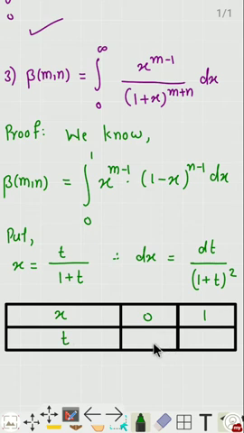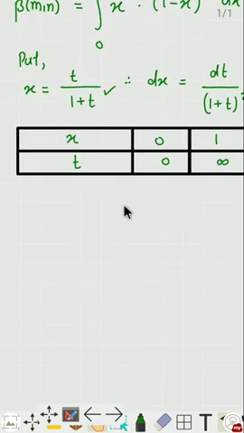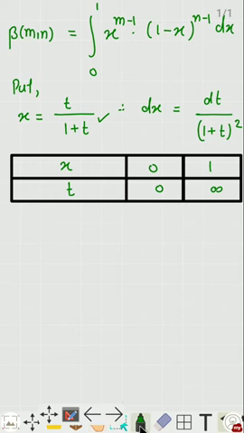If I put x equal to 0, then the value of t will be 0, and from this equation we can calculate the limits. And if I put x equal to 1, in this case the value of t will be infinity. So the limits of the new variable are from 0 to infinity. Let us use this substitution and see what we get.